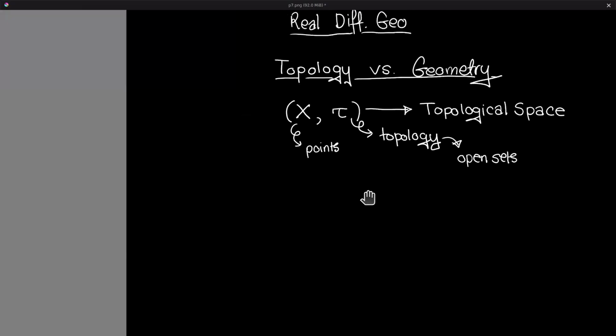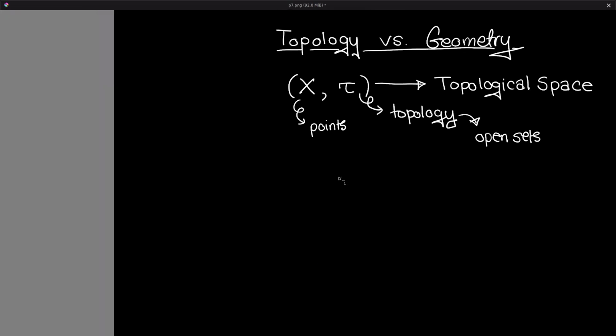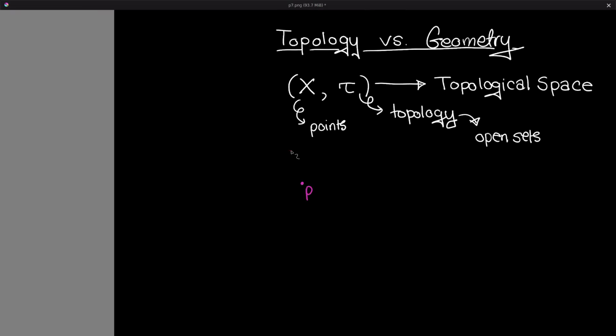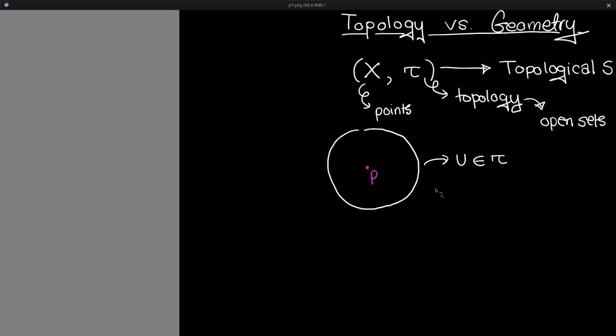Right. So using the open sets in tau, we can define this notion of, let's say I have this point P that we take from X. Let's say we take an open set U, an element of tau, and this defines a local neighborhood.